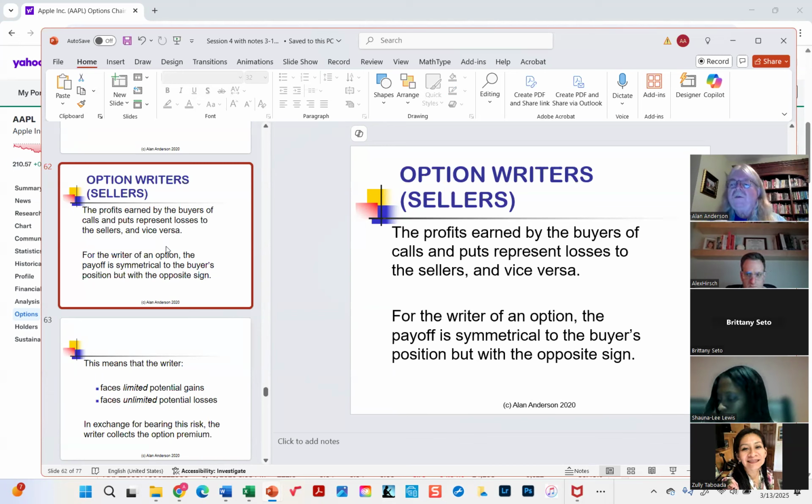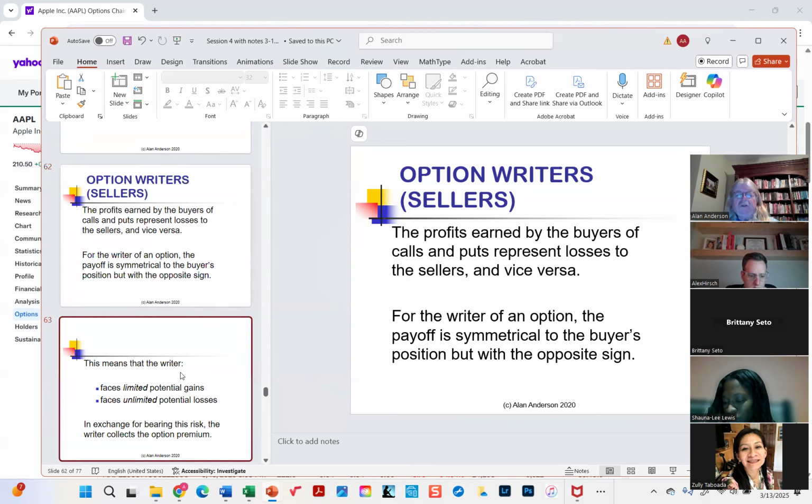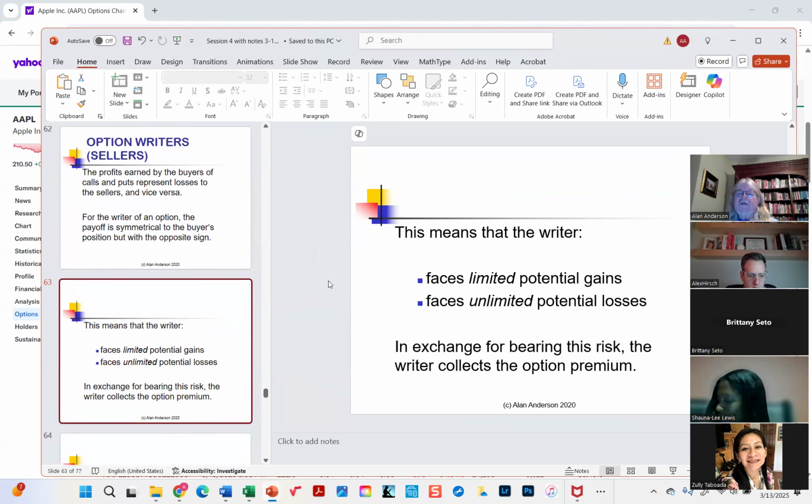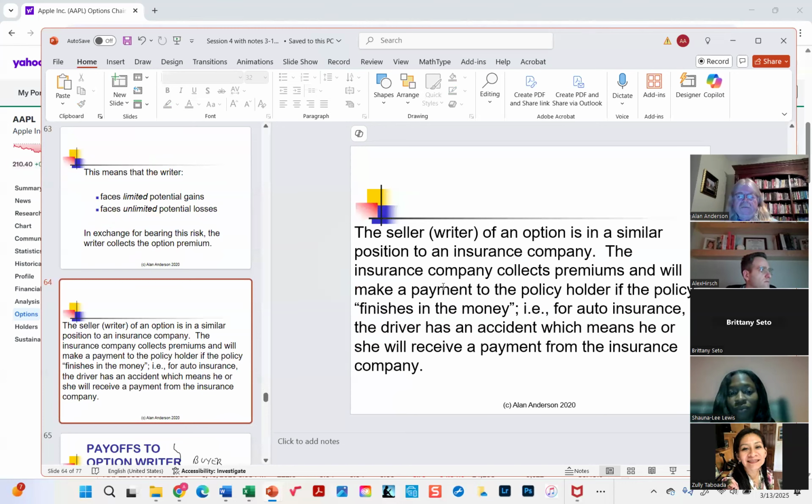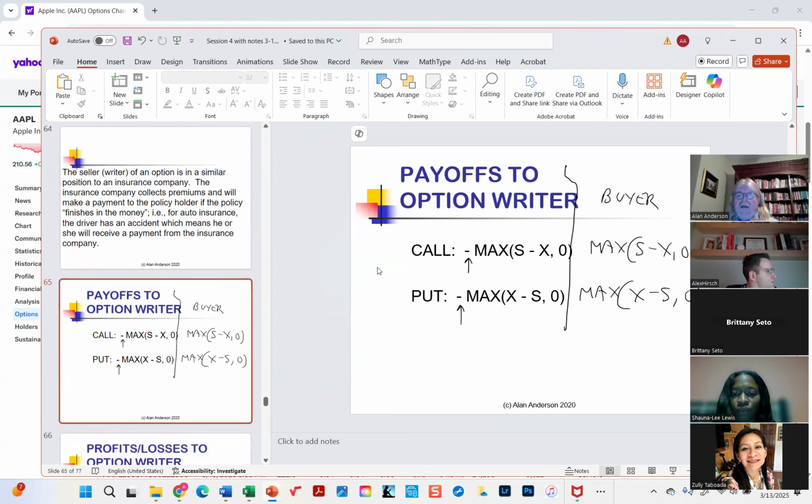In fact, that's the reason why we can create so many exotic trading strategies, as we'll see in the second part of this chapter. So the writer of an option faces limited potential gains and unlimited potential losses, but is the one who collects the premium. Like I said, it is comparable to the position of an insurance company.